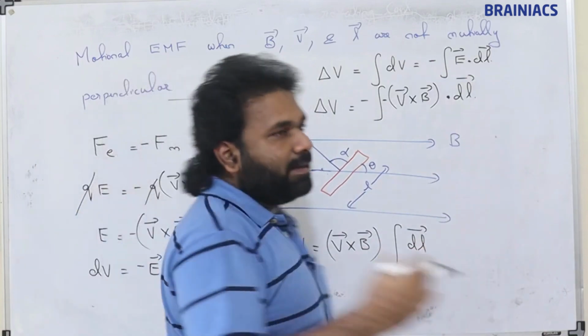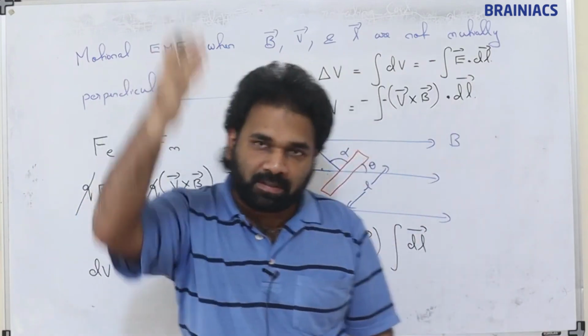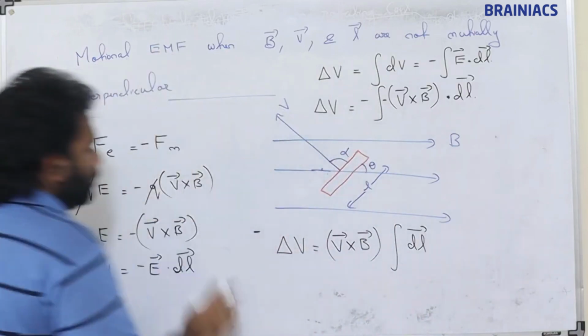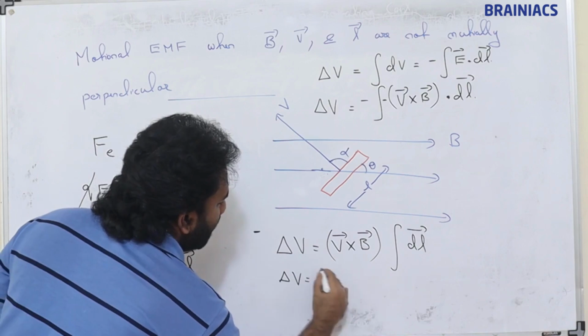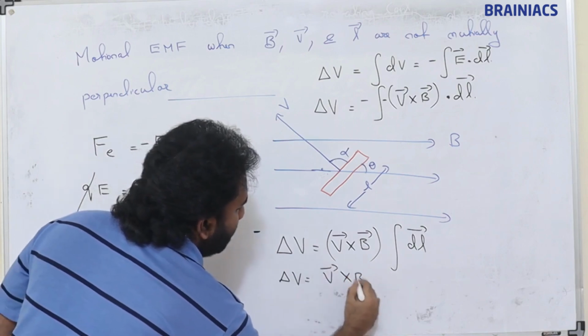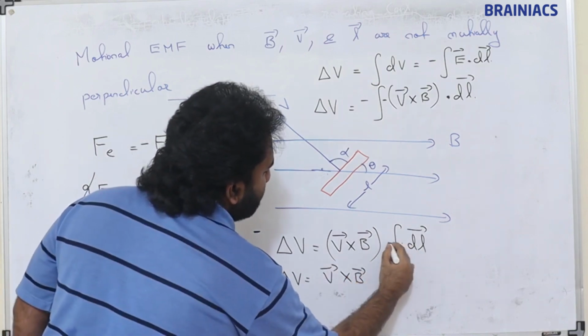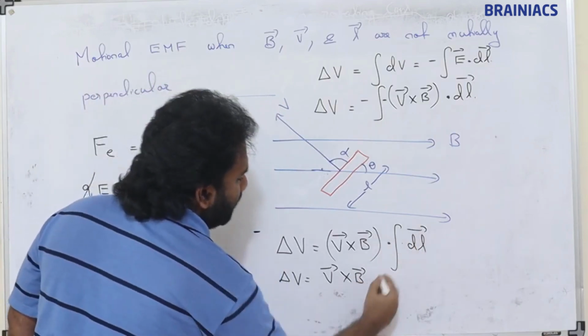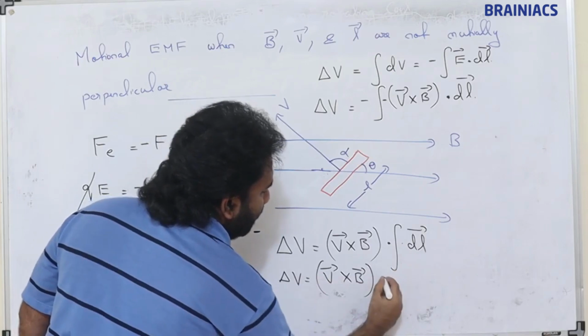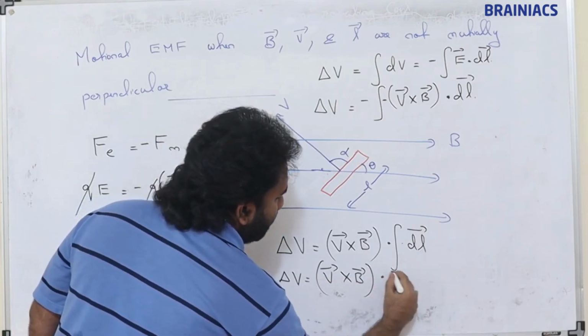If we integrate that length one by one, it is nothing but the total length. So finally we will be getting delta V is equal to V cross B dot, integrating this dl, we will be getting the length vector.